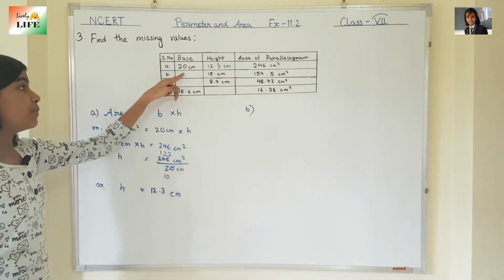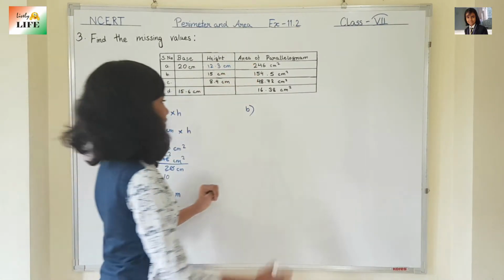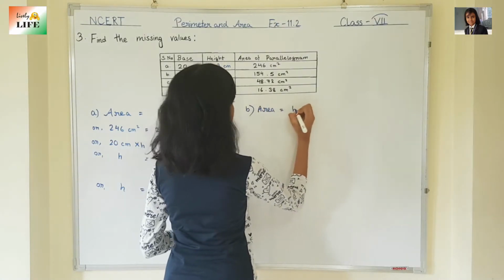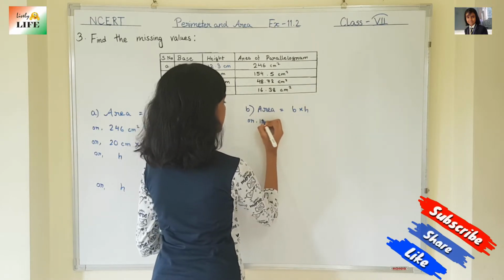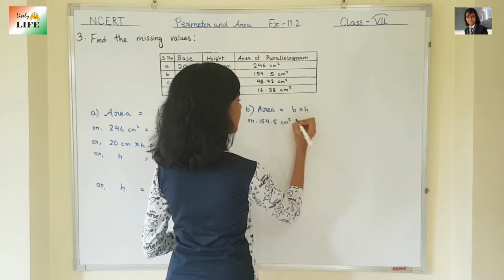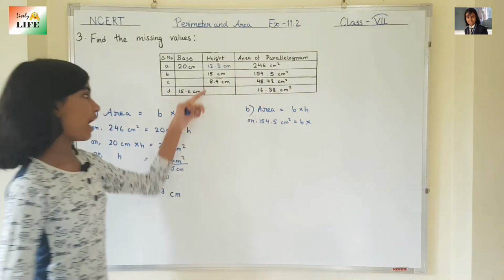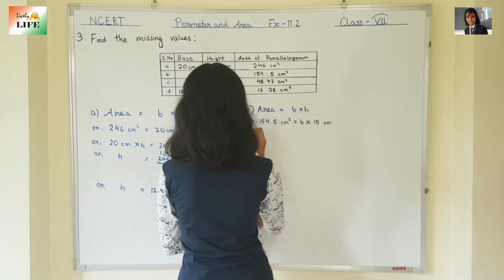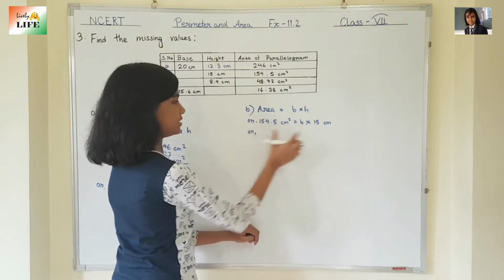Same thing, over here base is missing. We need to find the base, and height and area is given. So area is equal to base into height, or area is given 154.5 centimeter square is equal to base. We need to find out base. And then height is 15 centimeter, or now we are going to write this over here and this over here.